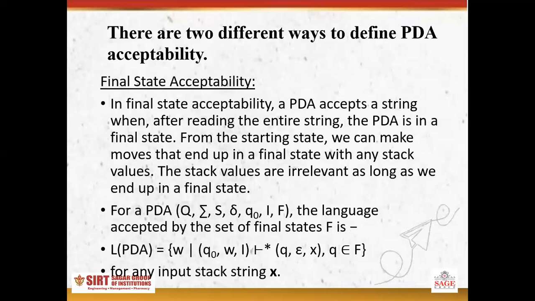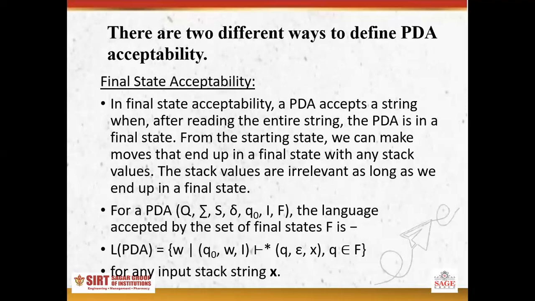There are two different ways to define PDA acceptability. First is final state acceptability. In this, a PDA accepts a string when, after reading the entire string, the PDA is in a final state. From the starting state, we can make moves that end up in the final state with any stack value. The stack value is irrelevant as long as we end up in a final state.